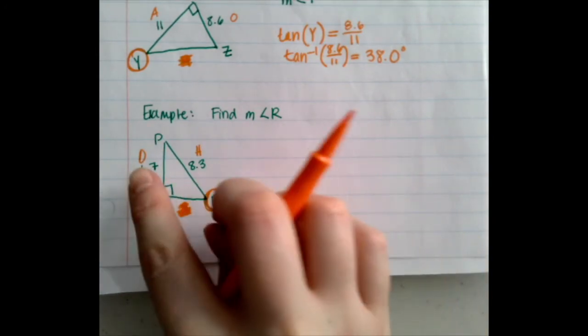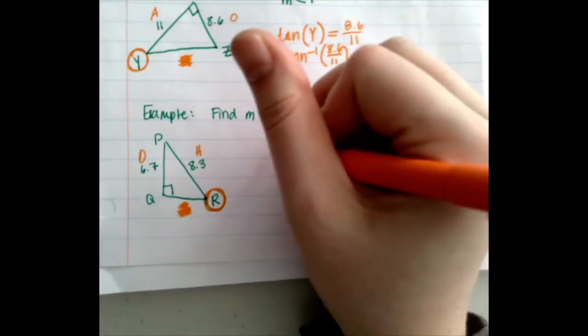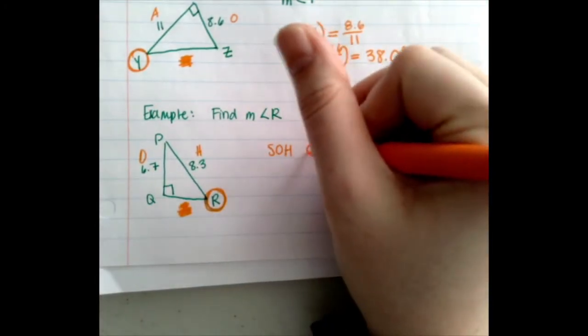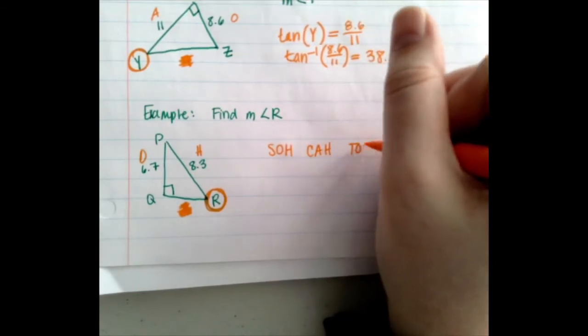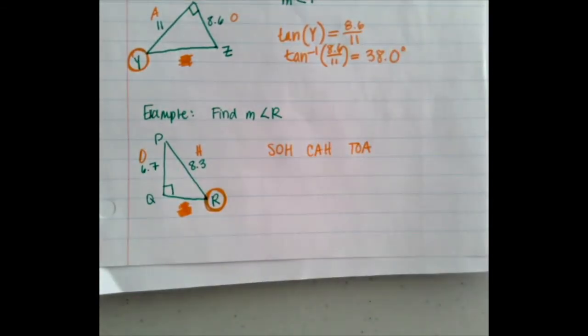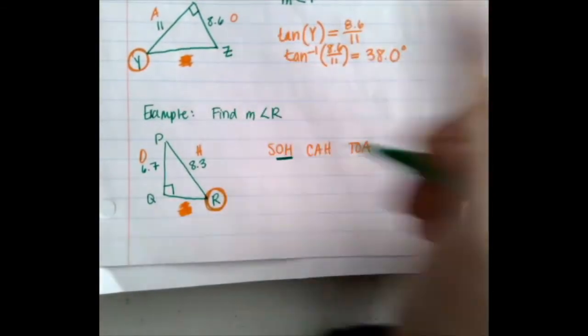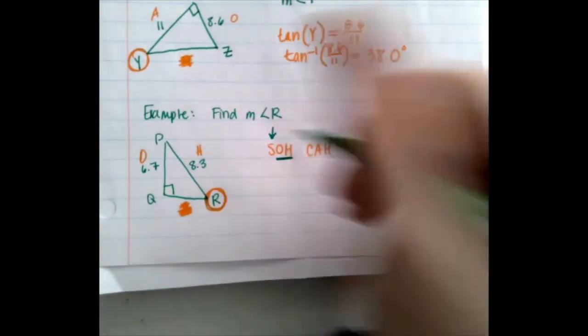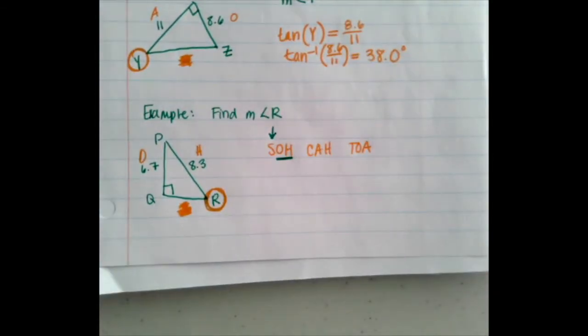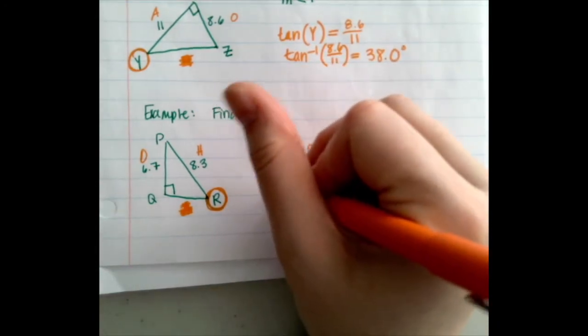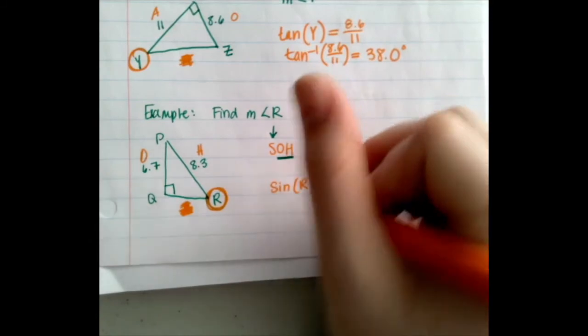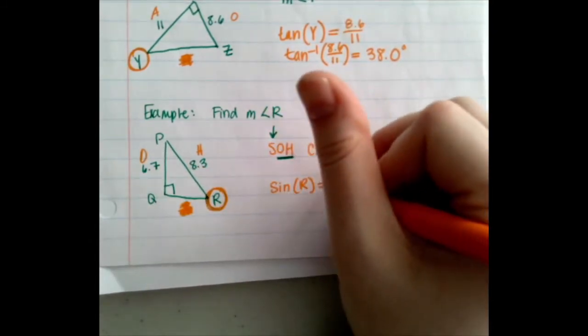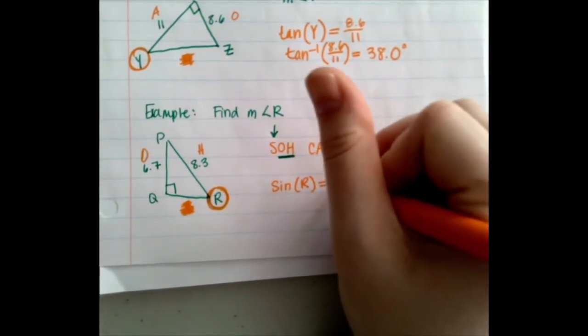And so for this one, I have only O and H. So if I look at SOH CAH TOA, I can see that I only have enough information to use the sine. So I'm going to set up my ratio for the sine. So the sine of R is opposite over hypotenuse, so 6.7 over 8.3.